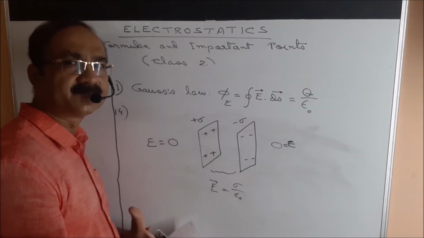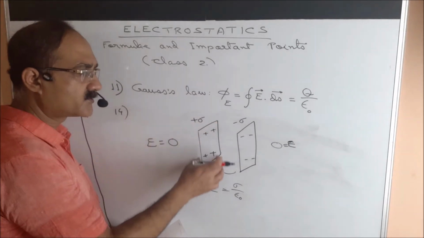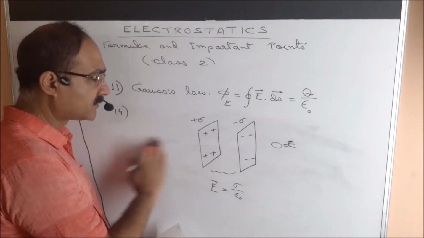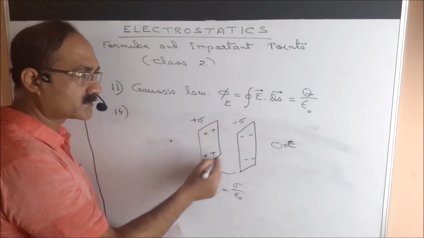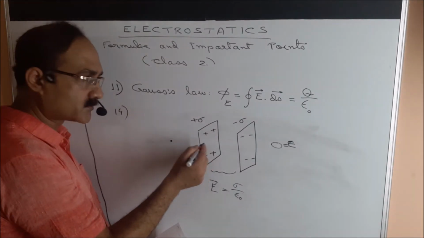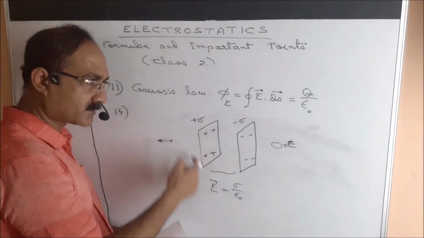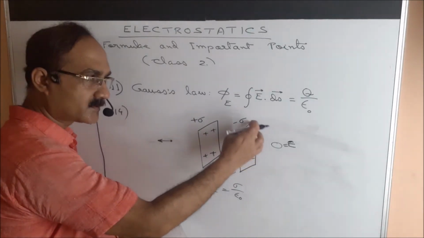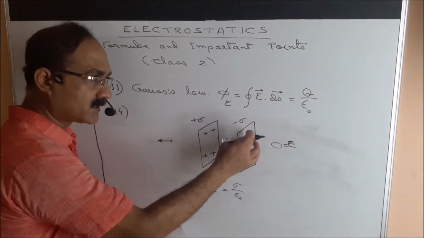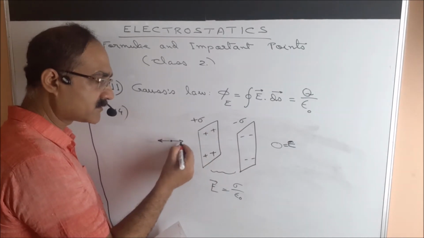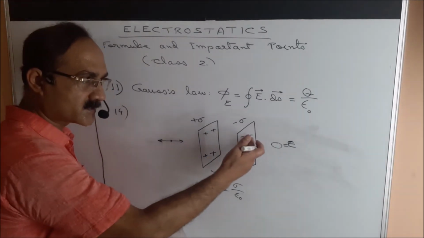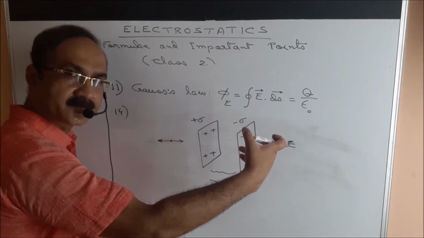Very simple. For this sheet, if you take a point here, this is positively charged, so electric field will be along this direction. For this sheet, this is negatively charged, so electric field will be along this direction because this is negative, right?